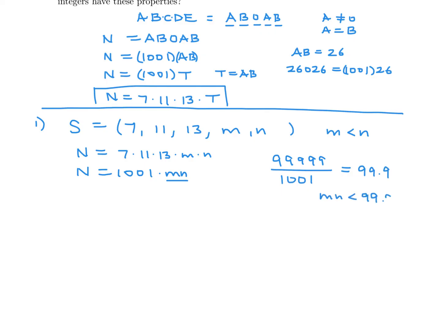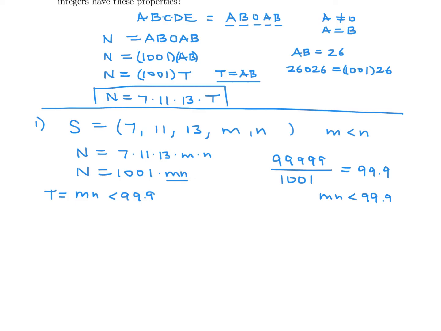That's beneficial for us to know because it limits our choices. So this MN, which is basically our T from up here, is going to be less than 99.9.